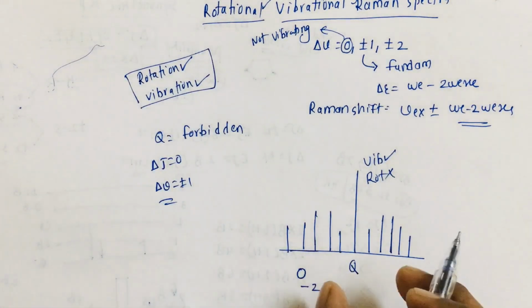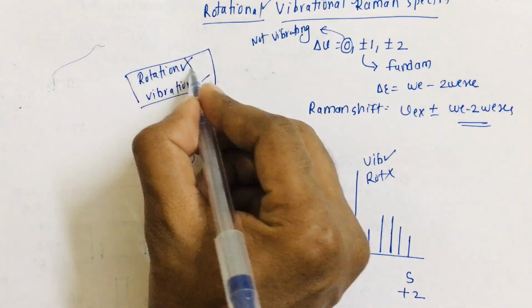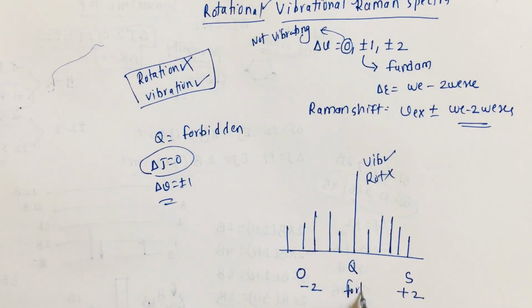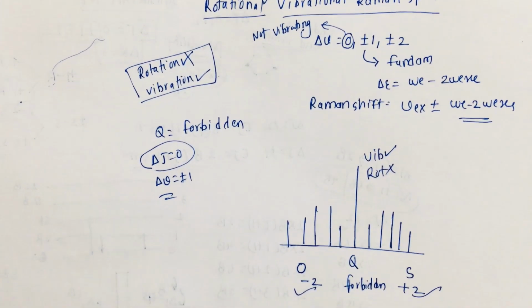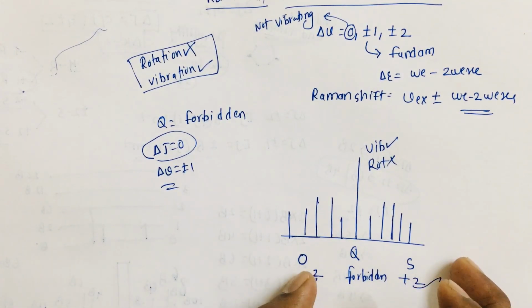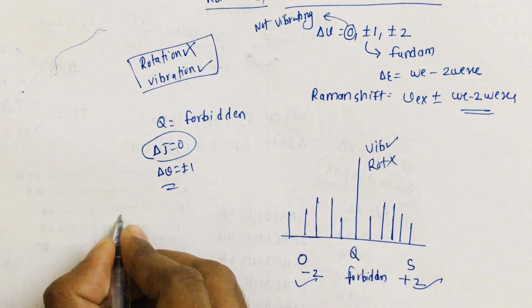So for the Q band, delta J equals 0, so in that case we are not observing the rotations. Because of that, the Q band is a forbidden band, and the O and S bands are allowed bands. The energy change we can calculate only for the O and S bands.